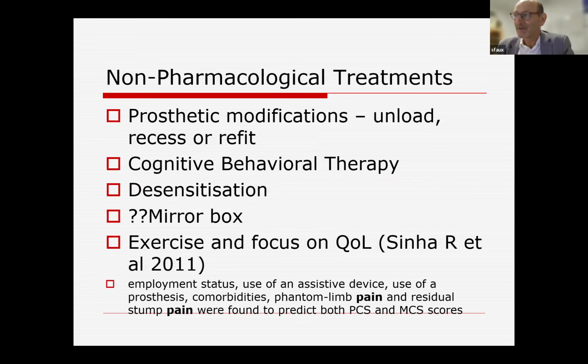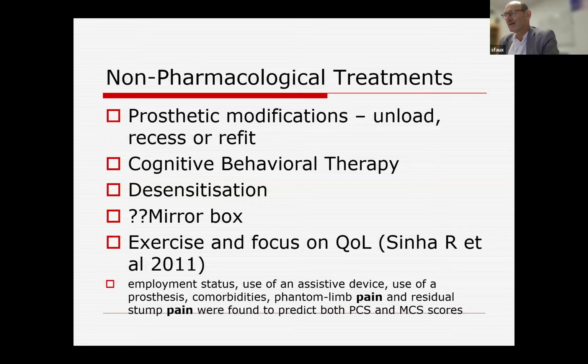Desensitisation of the stump. Mirror box treatment is used, although the theory behind it seems a bit questionable, that somehow changing the brain's appreciation of the size of the limb or the movement of the limb will bring some sort of analgesic effect.